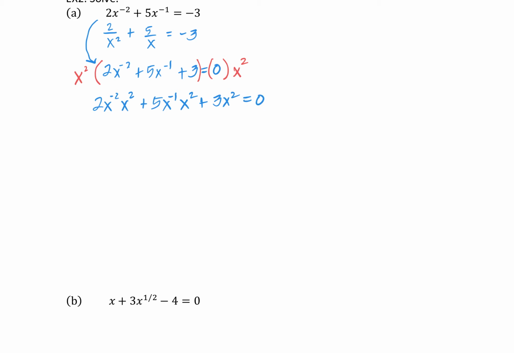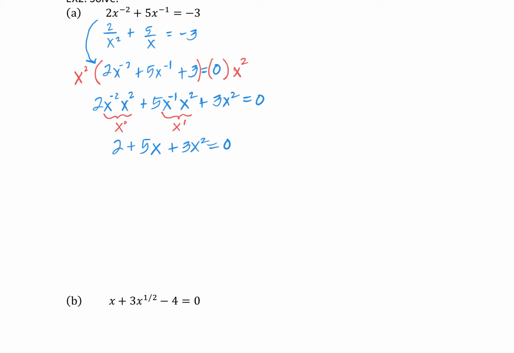Same base means we add the exponents, so x to the negative 2, x to the positive 2 becomes x to the 0, which is simply 1. And this becomes 2. Plus 5 times x to the negative 1, x to the positive 2 becomes x to the 1. So 5x plus 3x squared equal to 0. So again, you could have worked with the fraction, multiplying both sides by x squared, which is essentially what I did to get rid of the fractions.